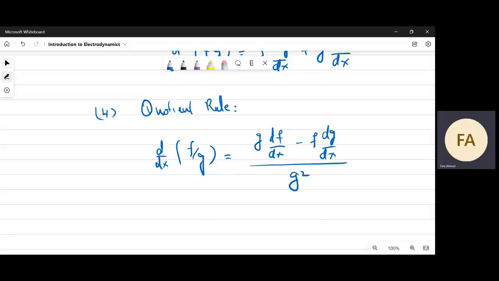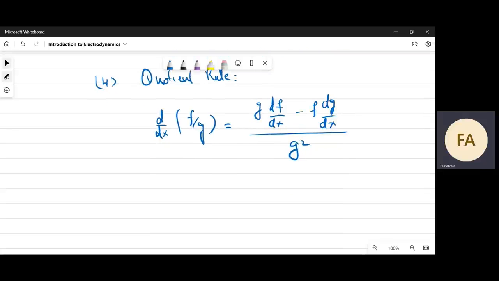So these four rules can be extended for vector differentiation. Again, we start with the sum rule.